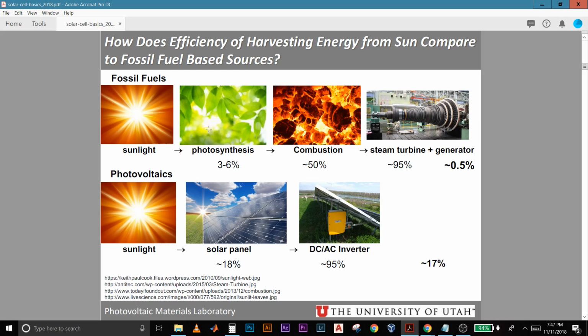After the plants die and they turn into coal, a process which is millions of years long, we modern humans go and mine this coal and use it for combustion, which is about 50% efficient. Steam turbines and generators are much better, operating at 95% efficiency. But if you combine these efficiencies together, you will get a net efficiency of 0.5% starting out from the sunlight to the final electric current generation.